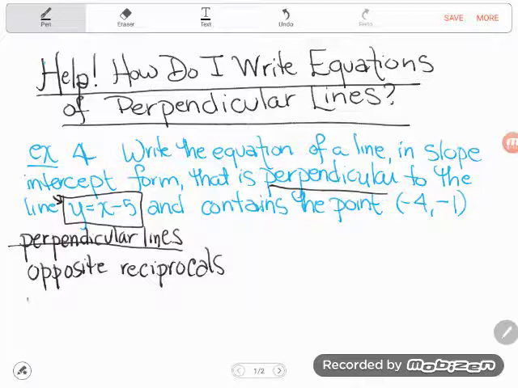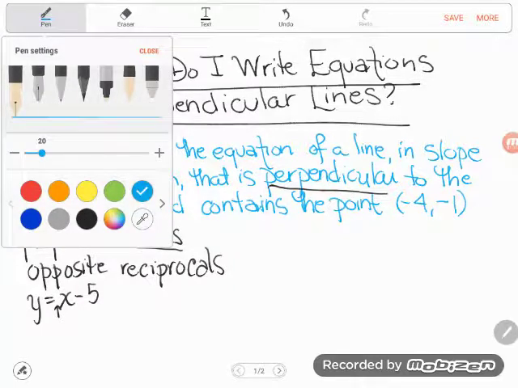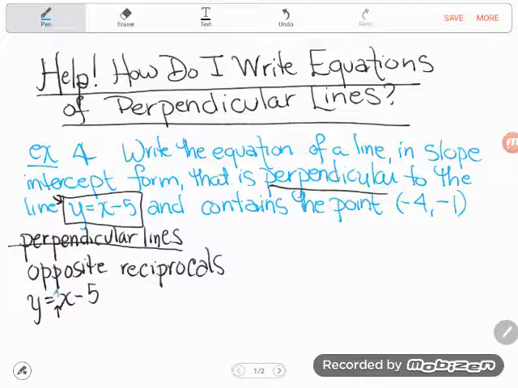So let's do that. This line is the line y equals x minus 5. So what's its slope? Remember, the slope is the m, the number multiplying with x. And you might say, hey, there's no number there. It's 0. No. Remember that when you don't have a coefficient out front, that's just one x. So we have a slope of 1 on this line.